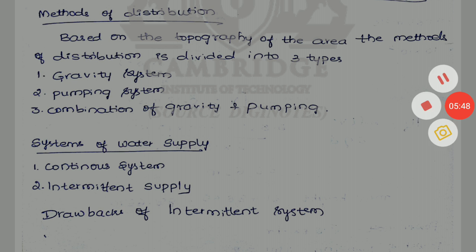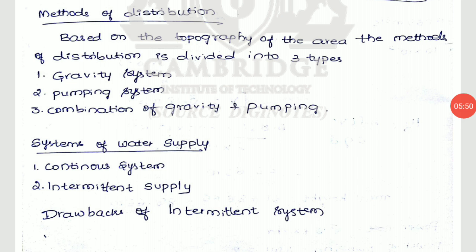And systems of water supply, there are two types. One is continuous system and the second one is intermittent supply.